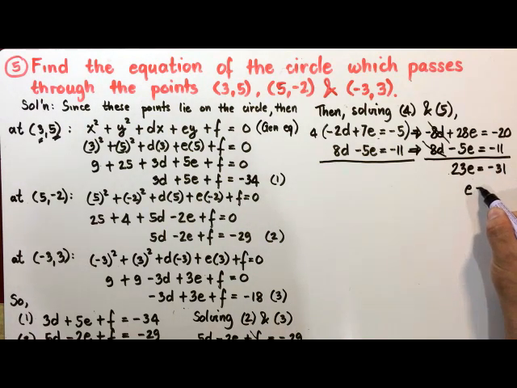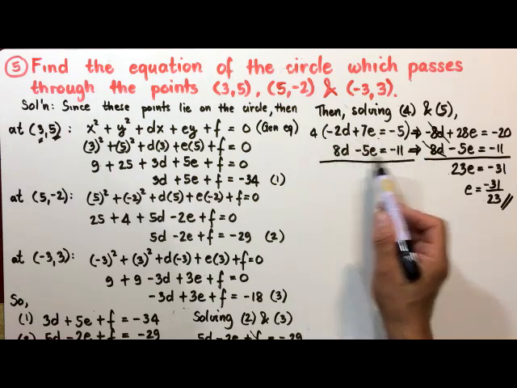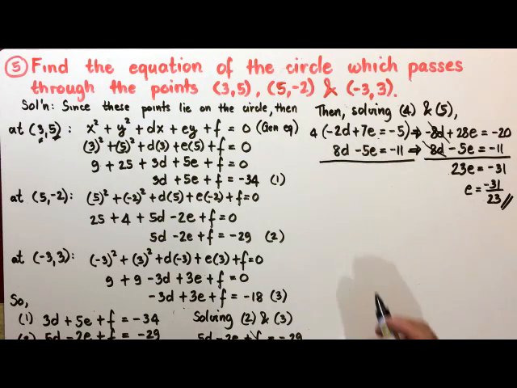If I divide both sides by 23, my e is negative 31 over 23. That's my e. So how will I solve my other variable? I can use any of the equations, fourth equation or the fifth equation, to solve for d.